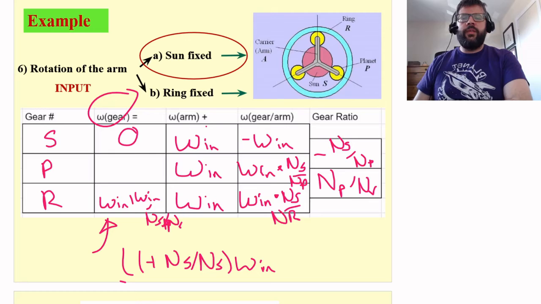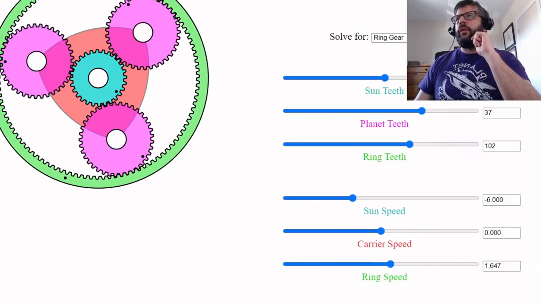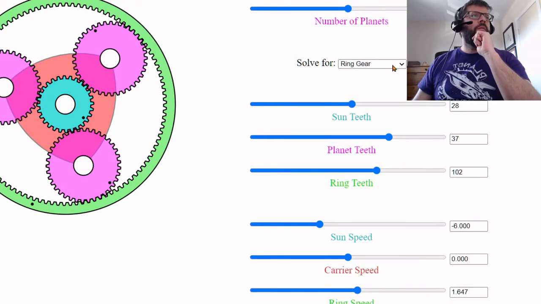We can compare that by setting it up in our calculator. Here, we're trying to solve for the ring gear.